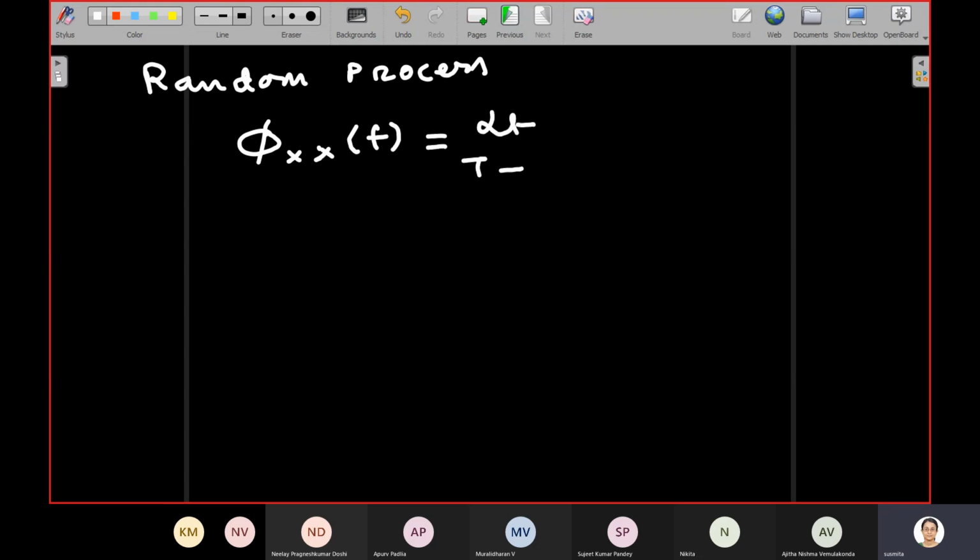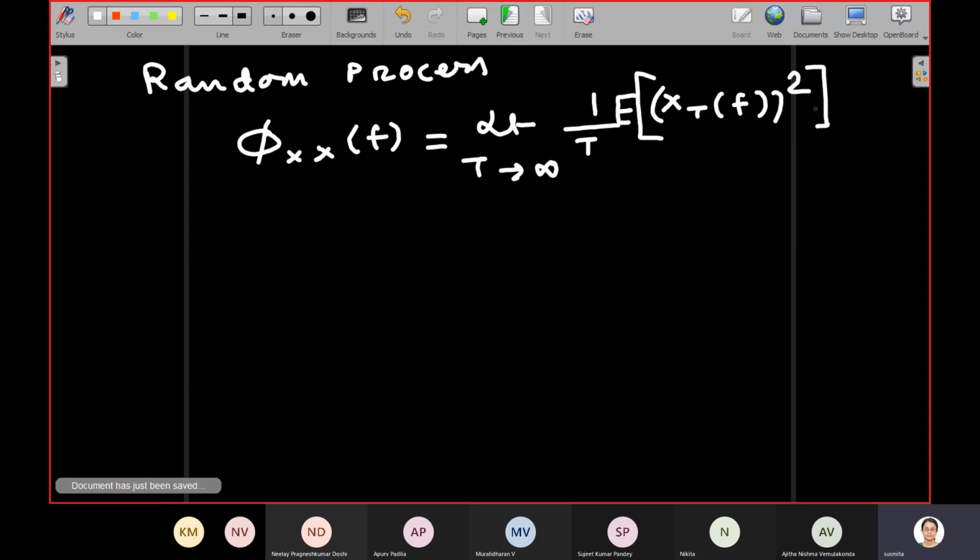Again, we truncate the signal for the process, let T go to infinity, divide 1 by T, but instead of simply taking X_T of f whole square, we apply the expectation operator. Because if you do not apply the expectation operator, again it will be random. So you apply the expectation operator, and this is the difference.